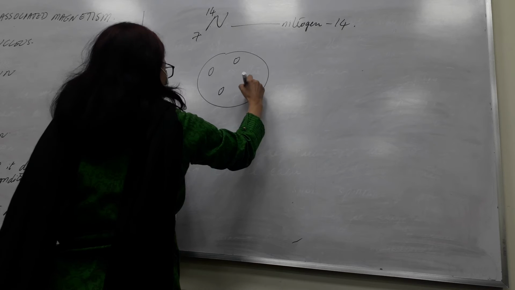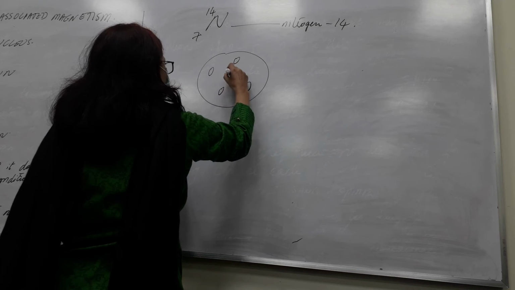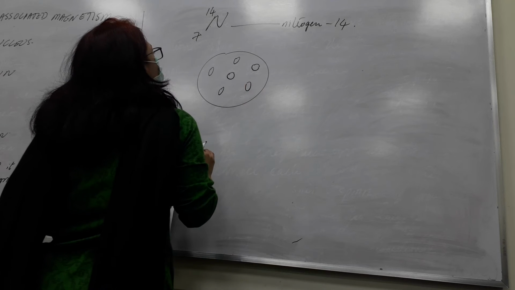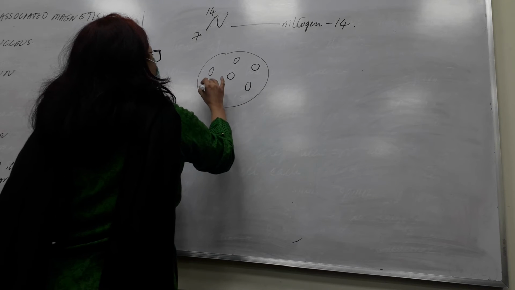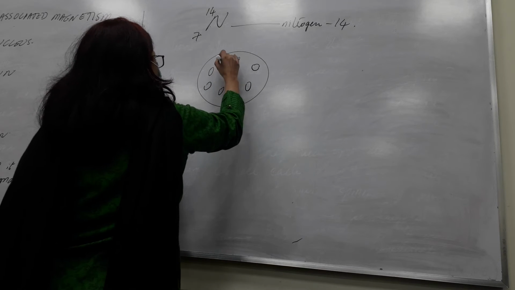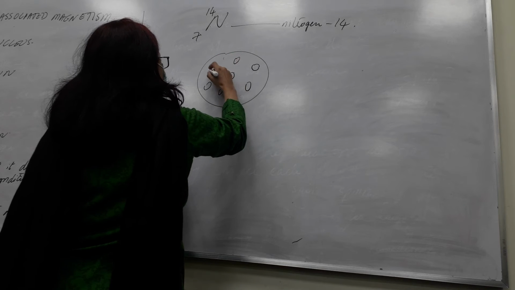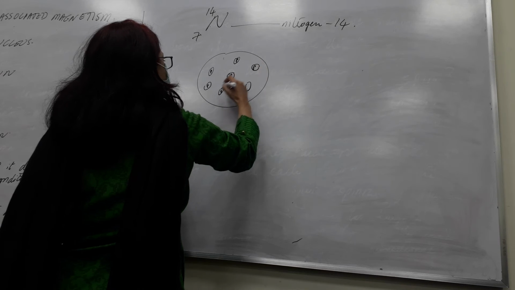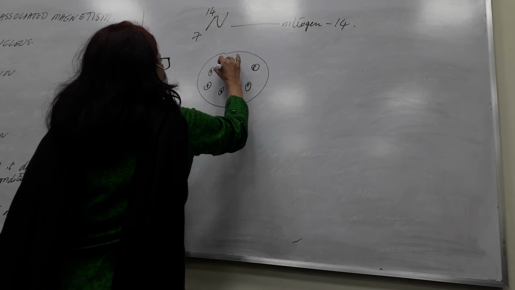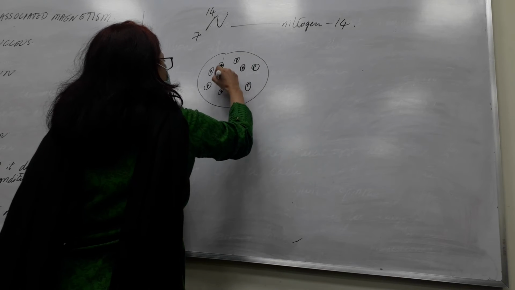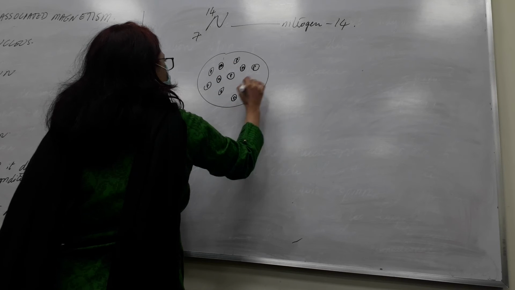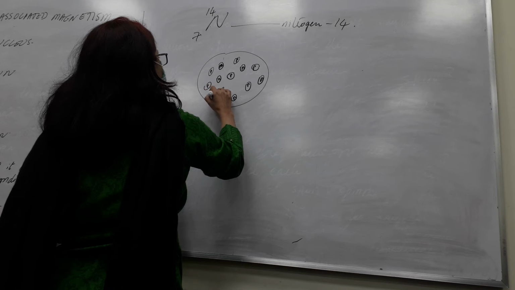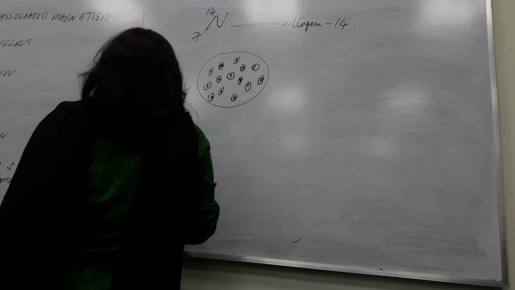Which are located at different points, right? So how many are these? 6 and let's say 7. So these are 7, and then let's say these are the protons, and then you have the neutrons. 1, 2, 3, 4, 5, 6 and 7. Okay.